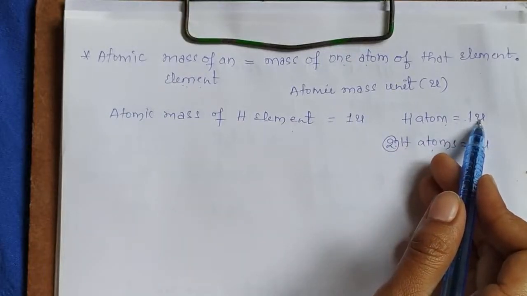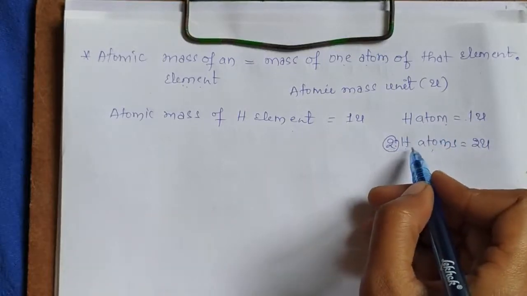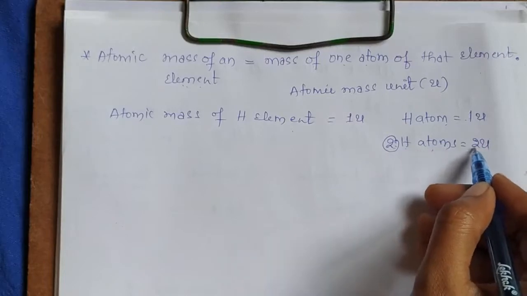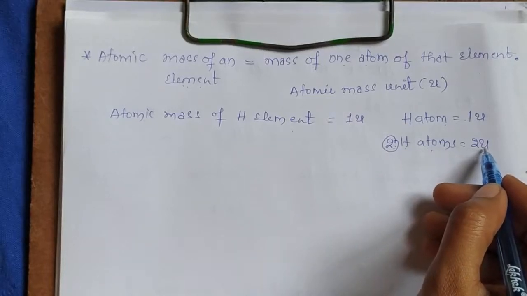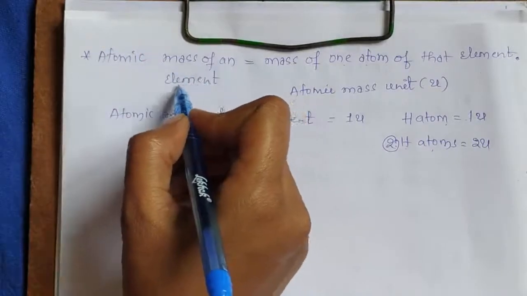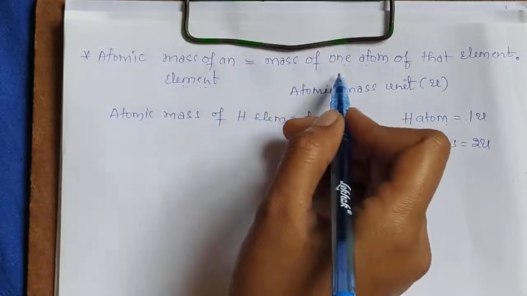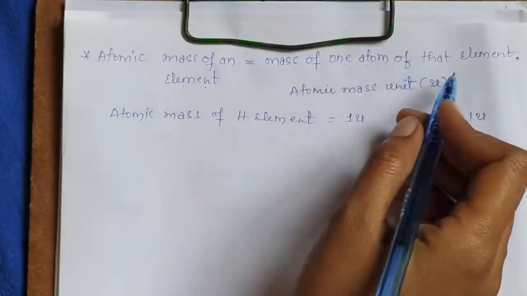If we say atomic mass of two hydrogen atoms, it is 2 atomic mass unit. So remember that in general, atomic mass of an element is equal to the mass of one atom of that element.